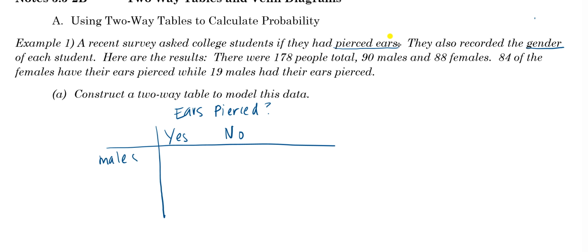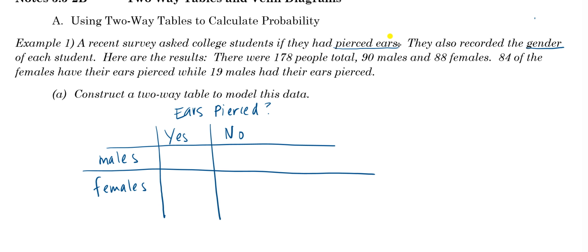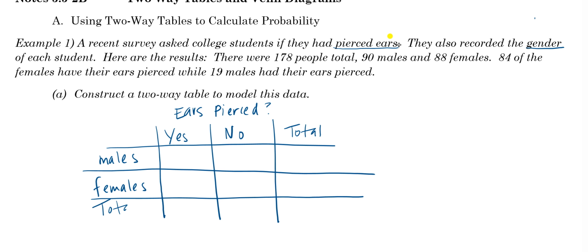We're going to assume that you either have male or female. Okay. So I have ears pierced and I have gender, male and female. And then you may or may not remember this, but in a two-way table, we also want to make sure we have spaces for the totals on each section. So that is how I'm going to start to create my two-way table.